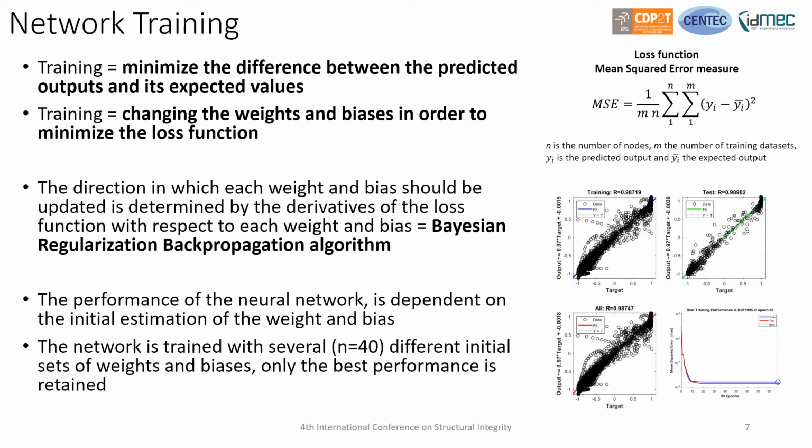Of course, the performance depends on the initial estimation of the weights and biases, and in order to choose the best network possible, we perform several trainings with different initial sets of weights and biases, and only retain the best performing network.